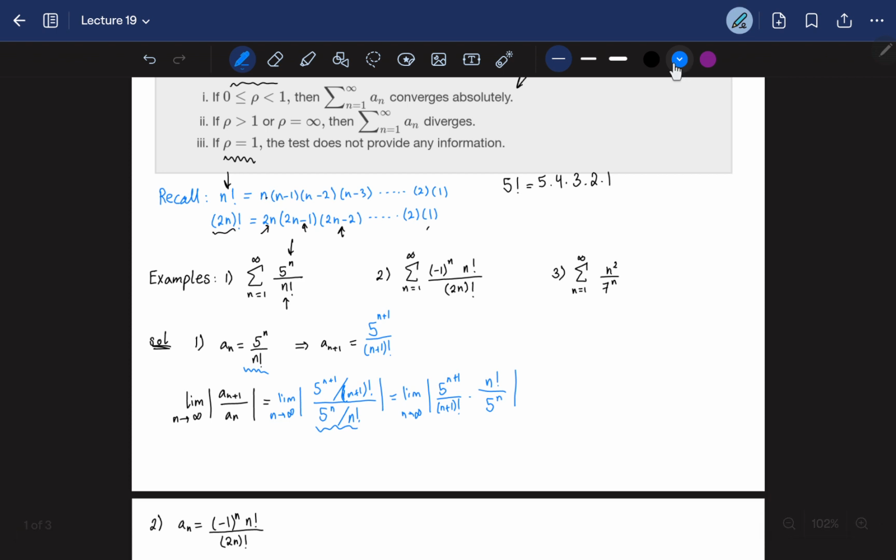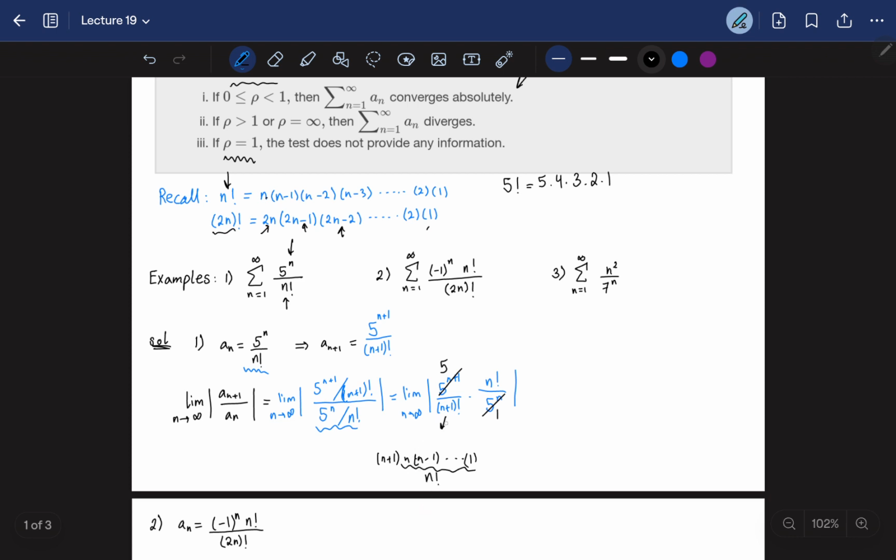Now, I can do some cancellation. 5 to the n divided by 5 to the n is 1, and here I get 5. Now for n factorial, this is n, n minus 1, up to 1, but this part here is just n factorial.